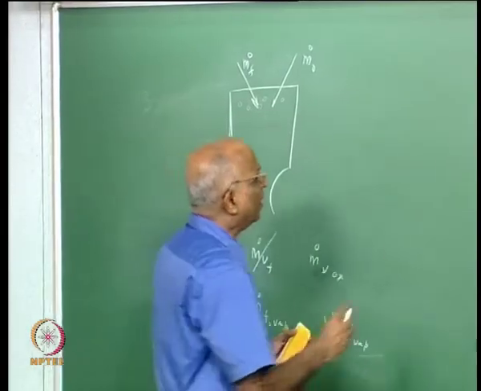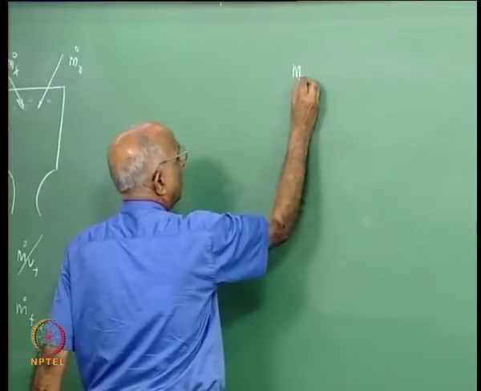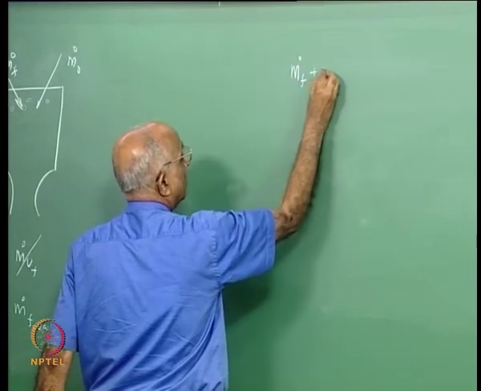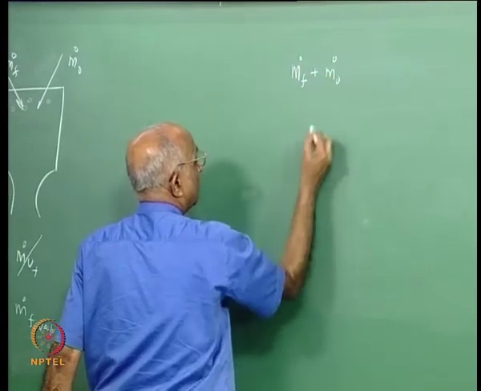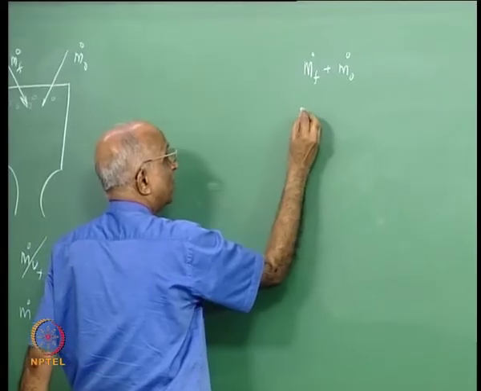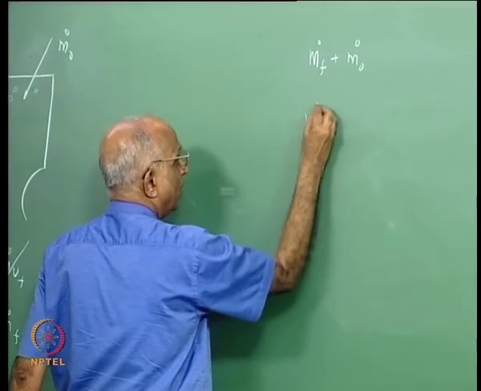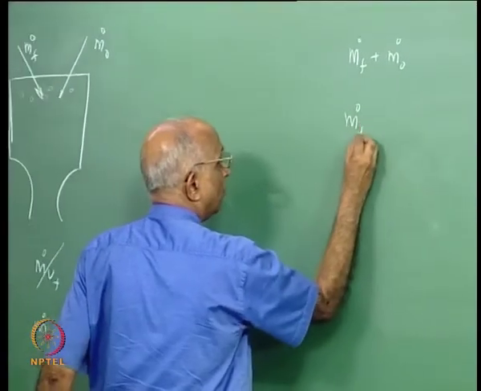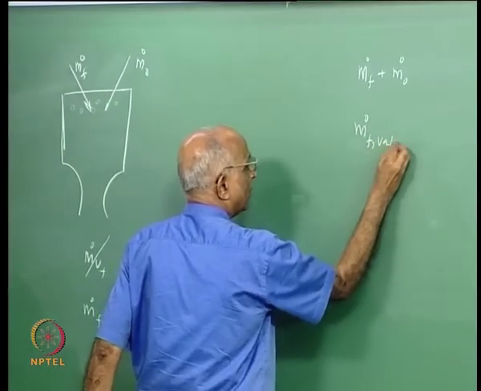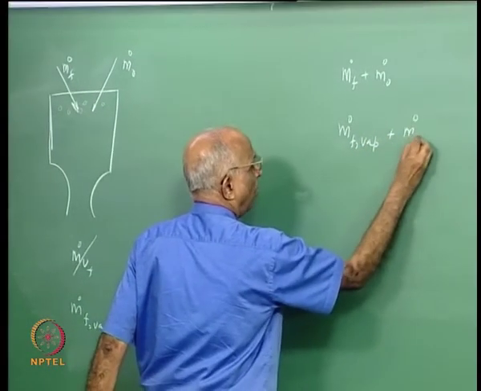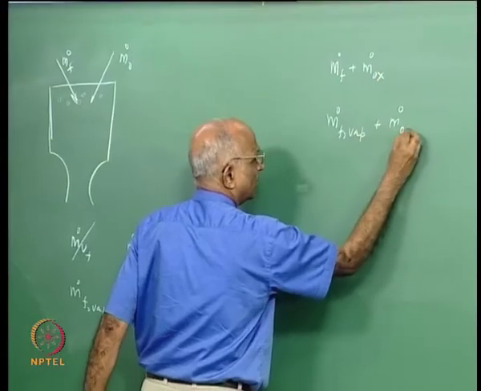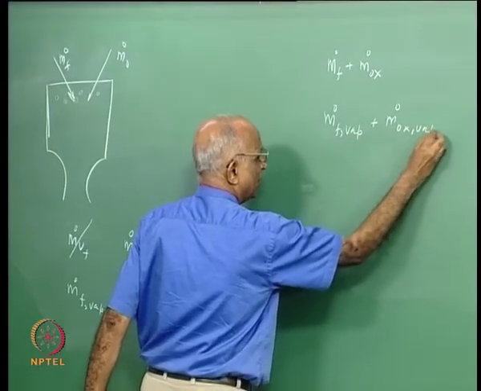Therefore, now I say out of the total propellant, which is m dot f plus m dot o, the thing which gets converted to vapor is equal to m dot of fuel which vaporizes plus m dot of the oxidizer which vaporizes.